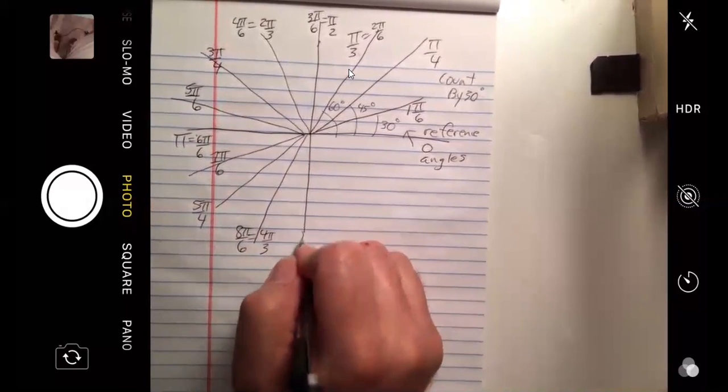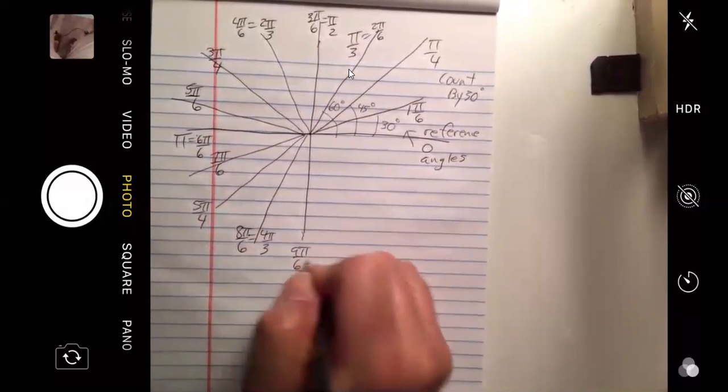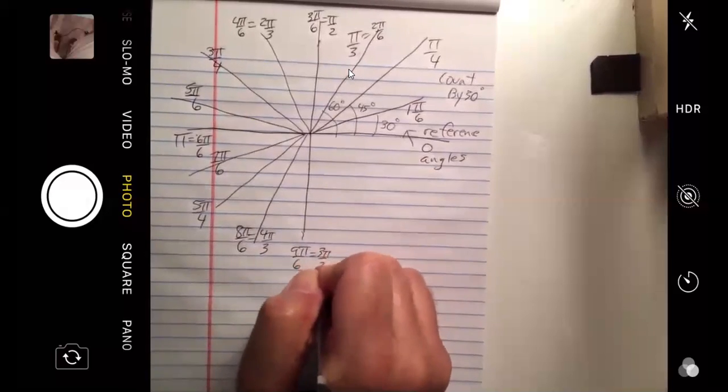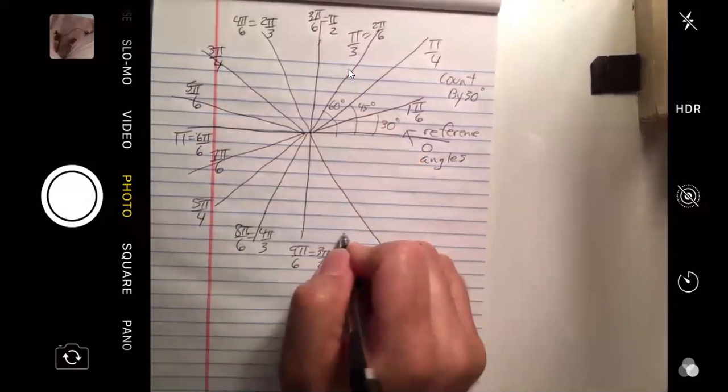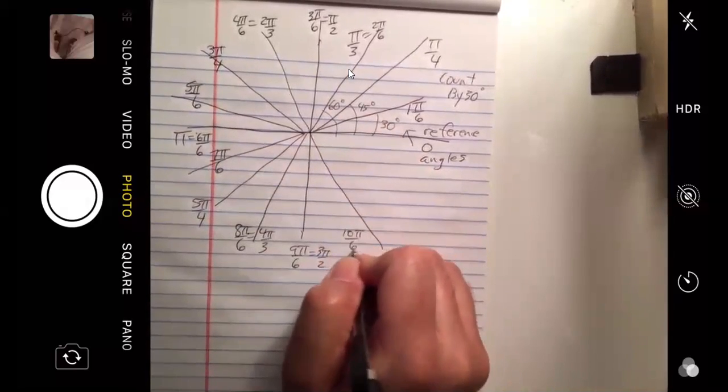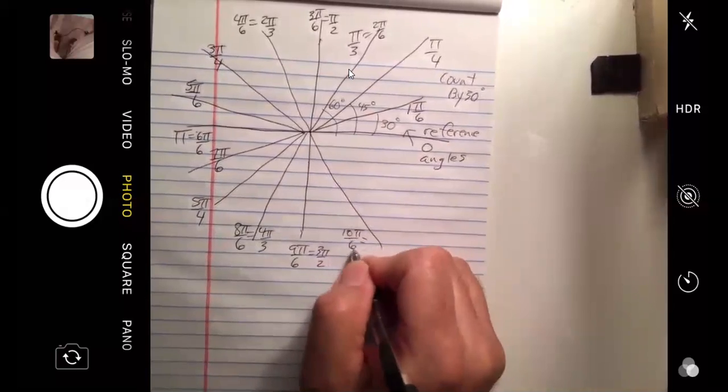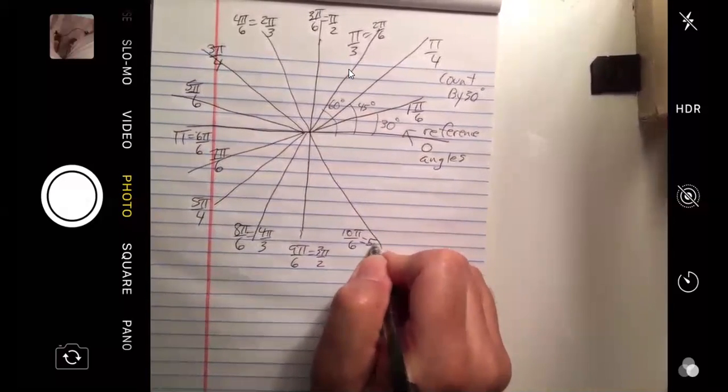You're at 9 pi over 6, but that's 3 pi over 2. The next one would be 10 pi over 6, but that is 5 pi over 3.